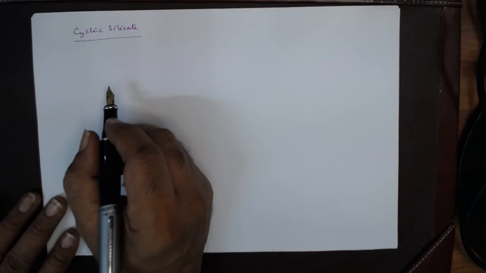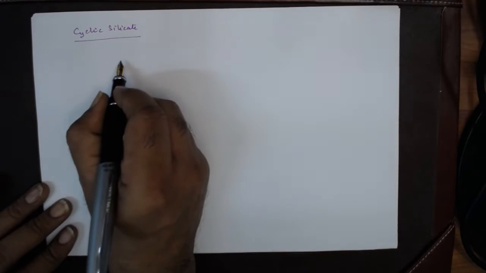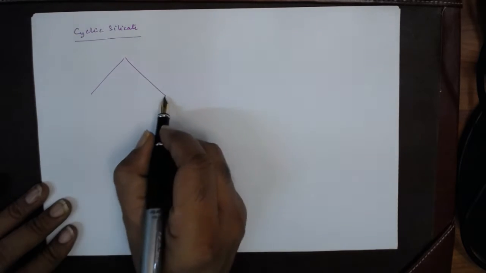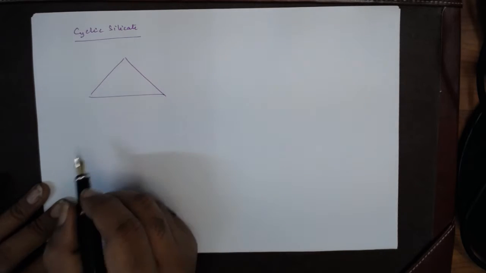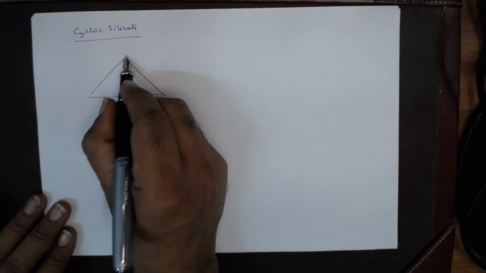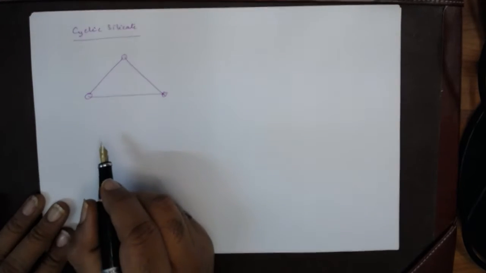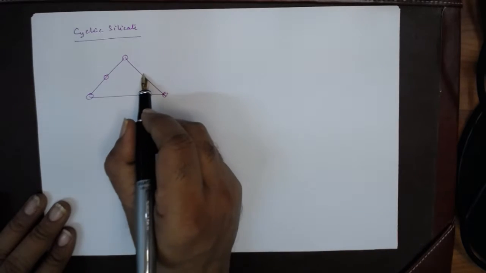Cyclic silicate means, you can draw a triangle like this and round, round, round, and another round, another round, another round.